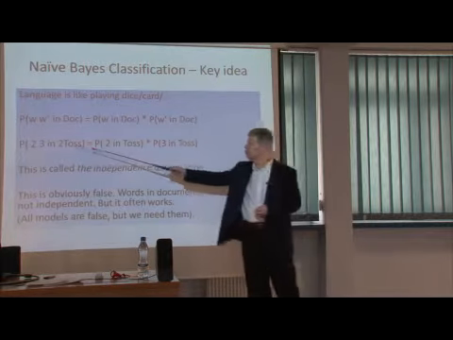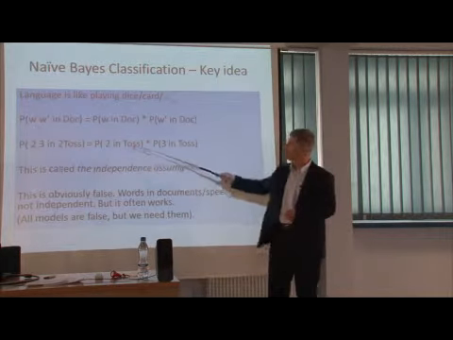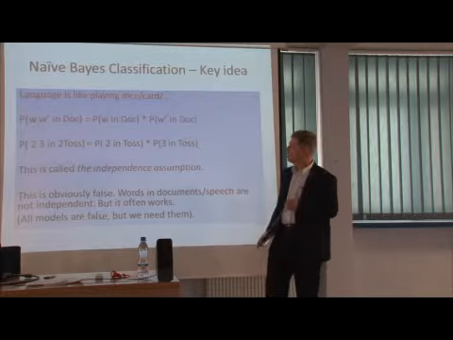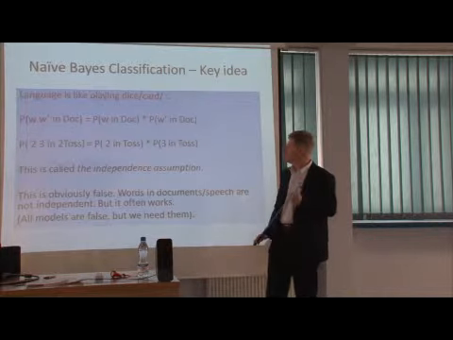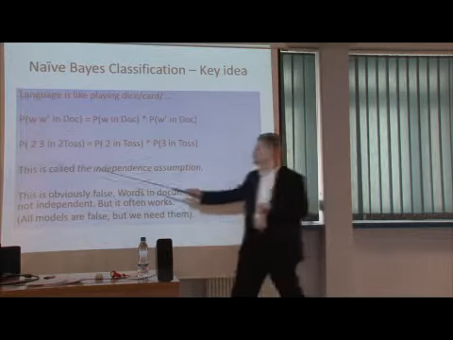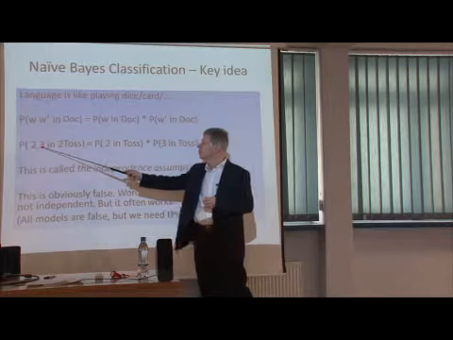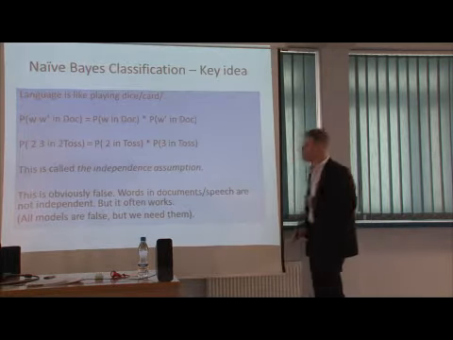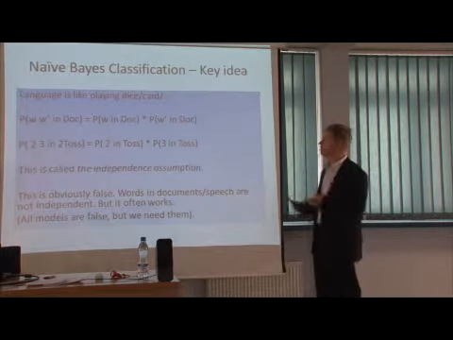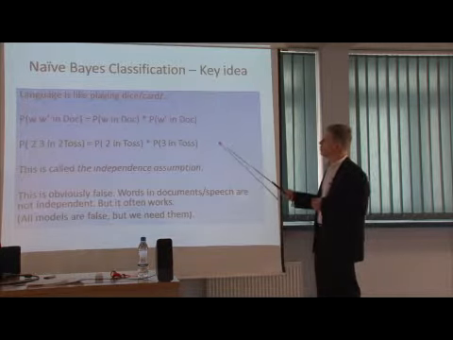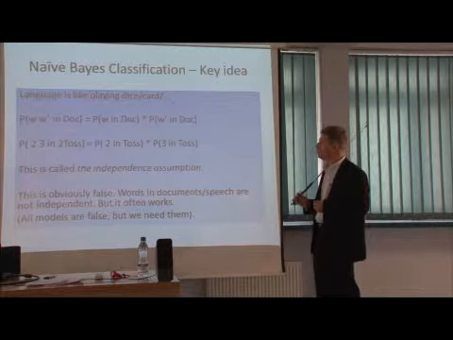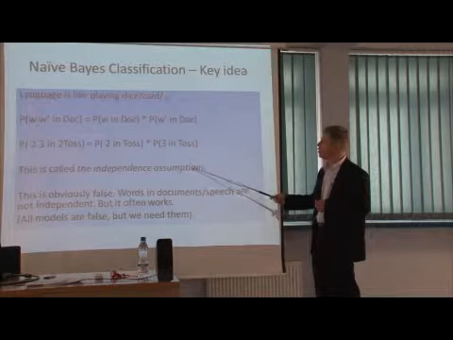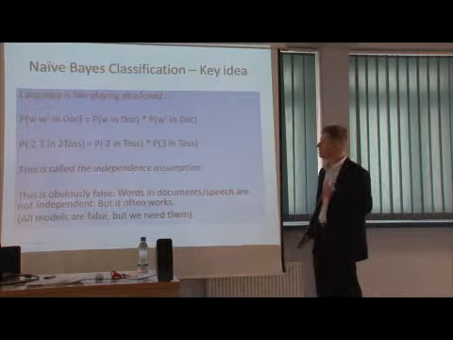So if you want to get 2 and 3, you basically multiply the probability of having 2, which is 1/6, and the probability of having 3, which is 1/6, and that's what you get for the collection 2, 3. If you want it as a set, then you have to add the probability of 3 in a toss times the probability of 2 in a toss. And this is called the independence assumption.